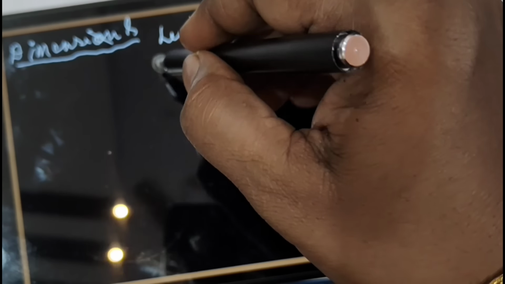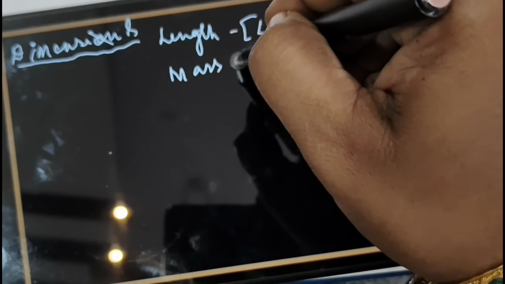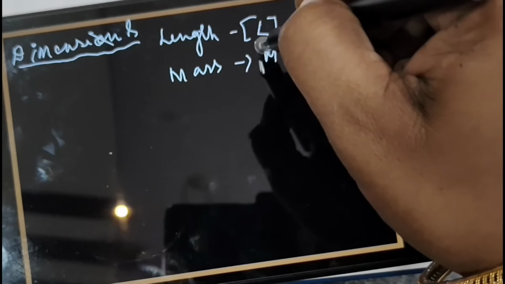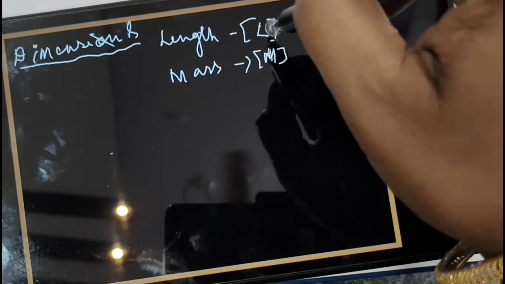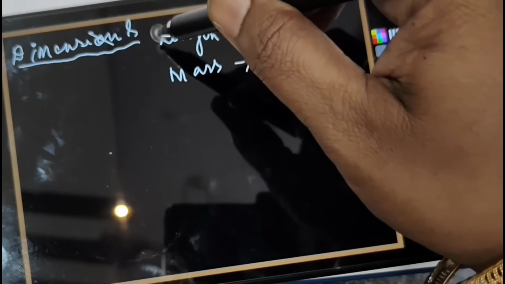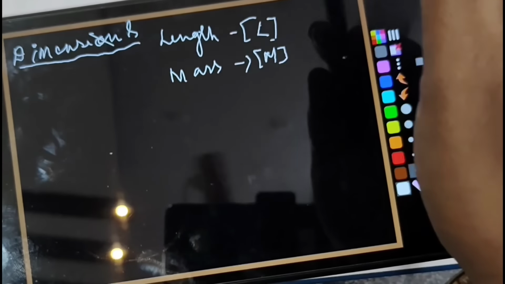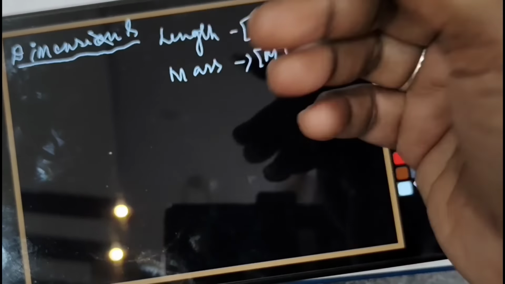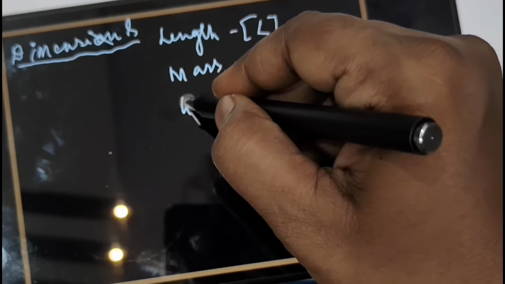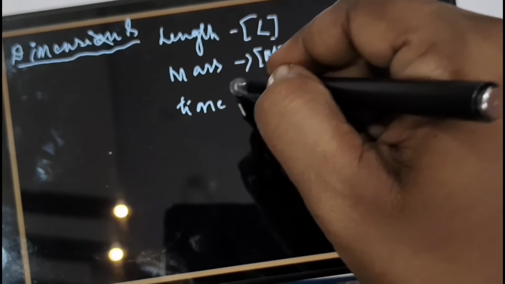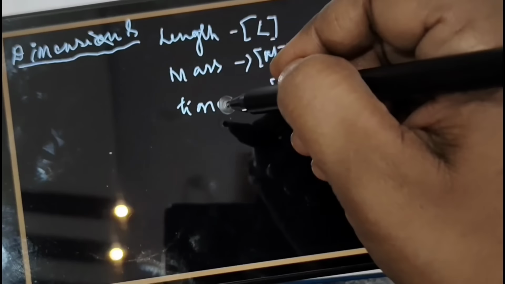Okay, and mass M, capital M. We will not take here kg or meter. We will avoid that and we'll just take the first letter of the physical quantity, that is L and M. So don't confuse here. So this is the rule. This is how we should take it. Then time, capital T within the square bracket.